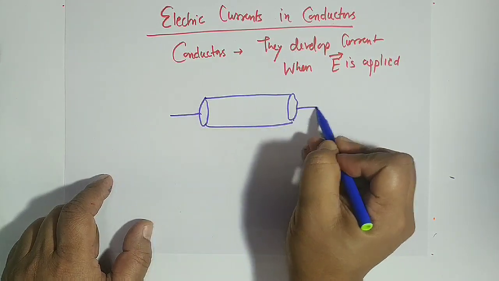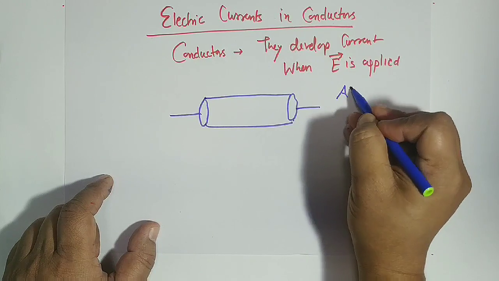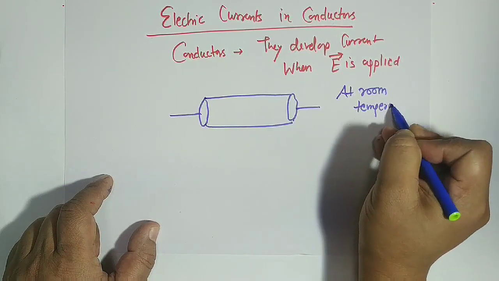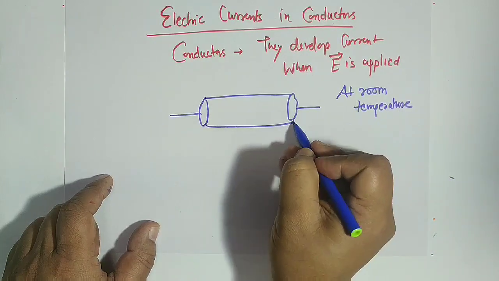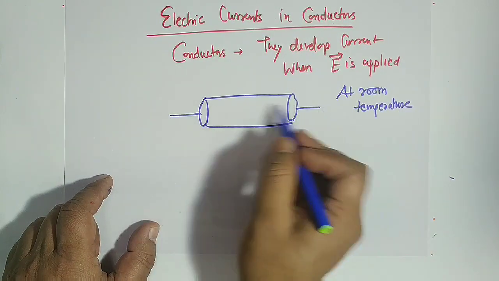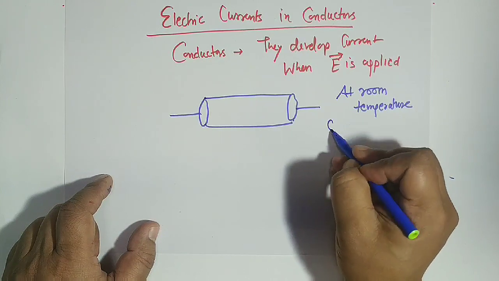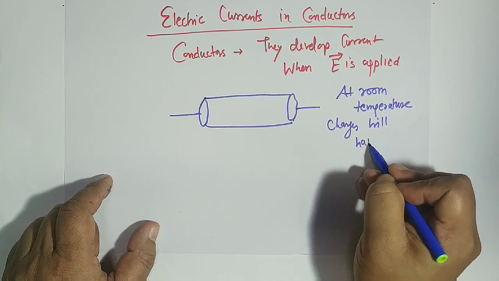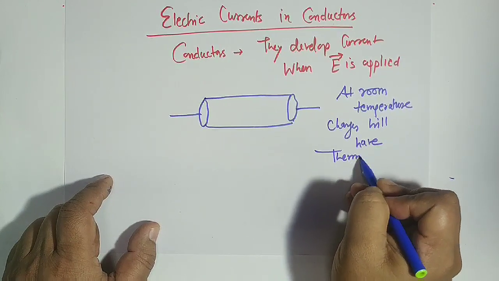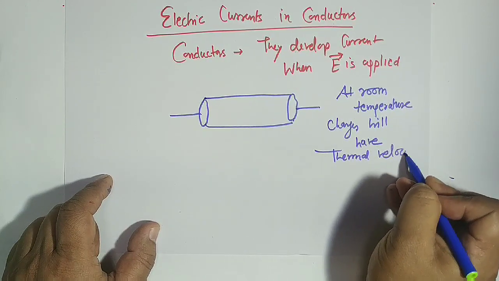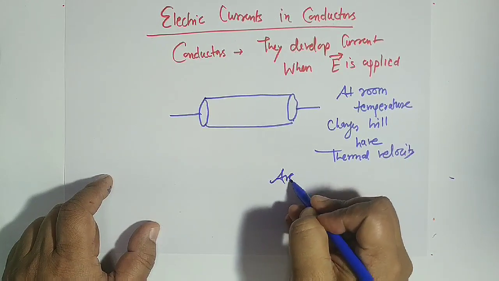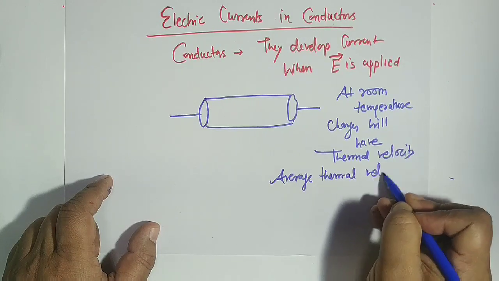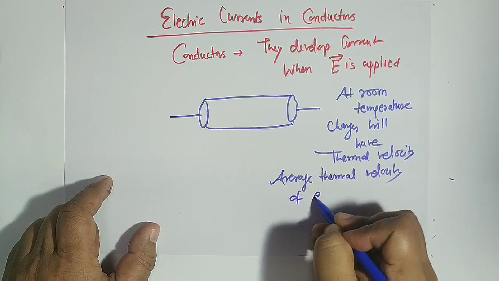Okay. Now right now at room temperature, you know that the electrons will have what? Thermal velocity. Now, do you know the average thermal velocity of an electron is 0?